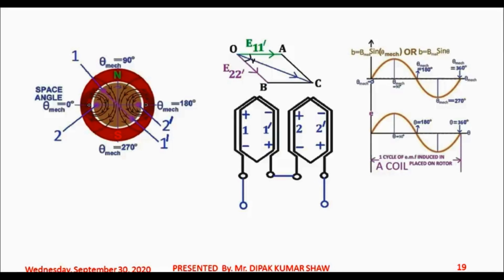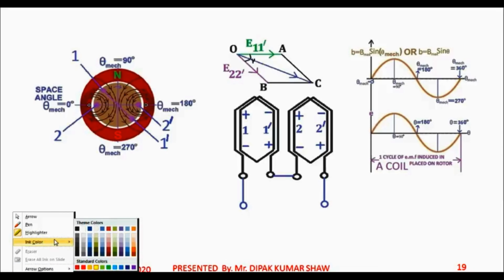So with the help of this theta mechanical, it is possible to have the exact location of a point in the air gap periphery with the value of theta mechanical.